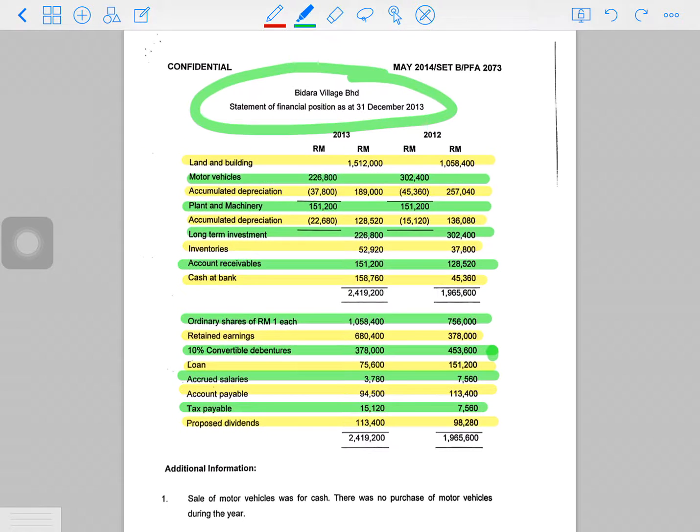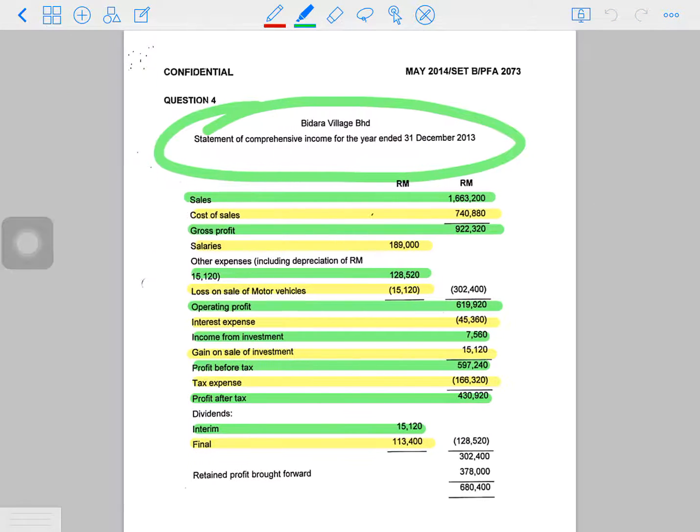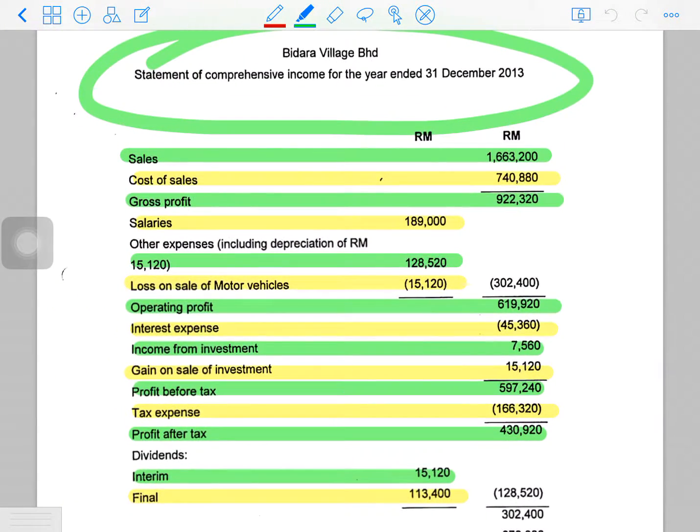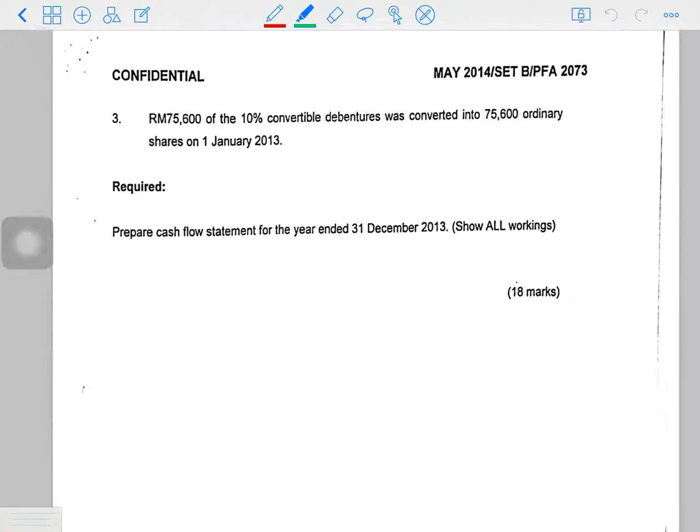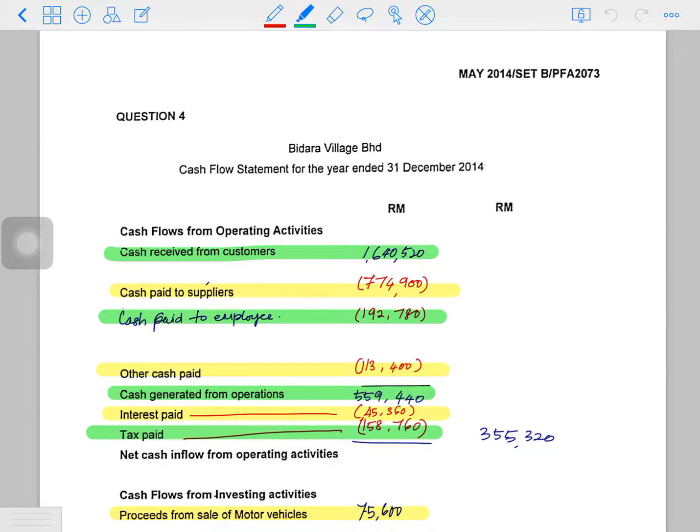So anyway, in order for you to start answering this type of question, normally what I advise is for you to prepare a cash and cash equivalent statement. This is a schedule of statement of cash and cash equivalent. What's inside this statement is only balance at beginning and balance at the end.